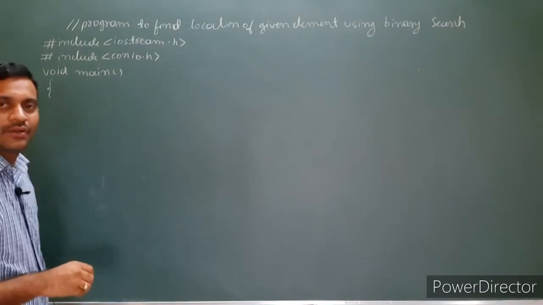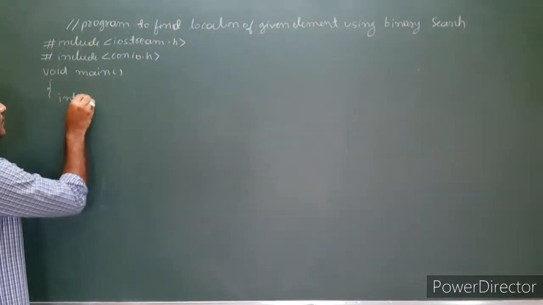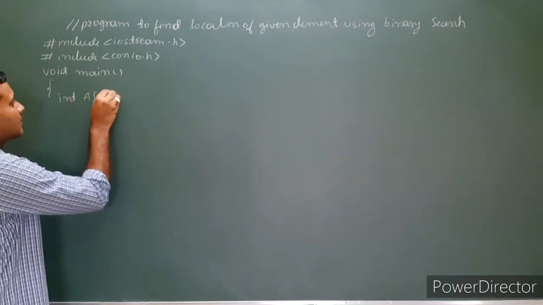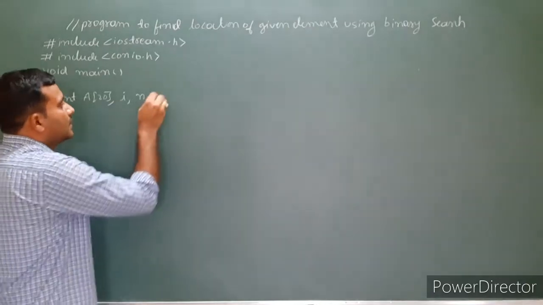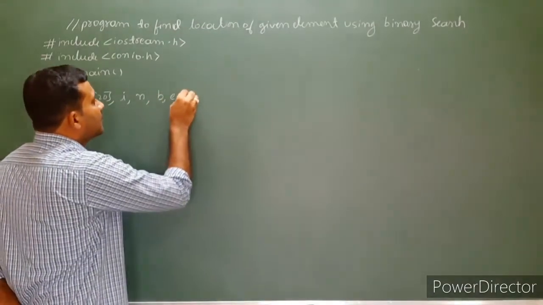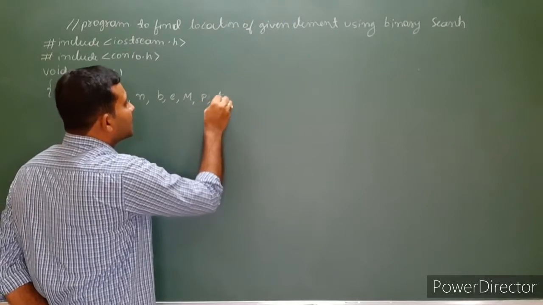Then declare the local variables. Here the local variables are an integer array, then the index value, number of elements, beginning, end and middle element, position p, then the searching element.